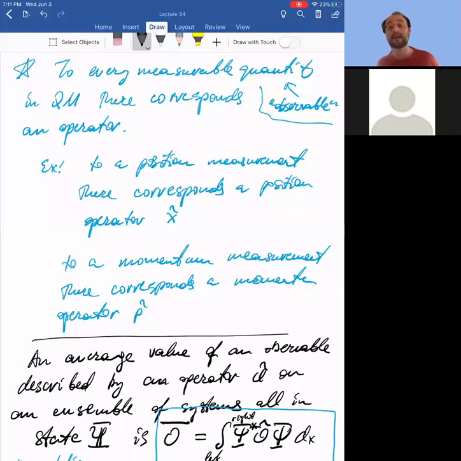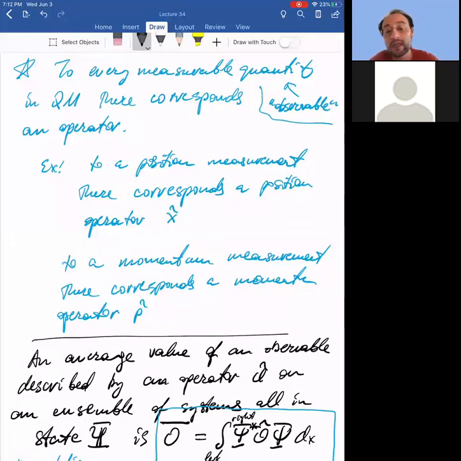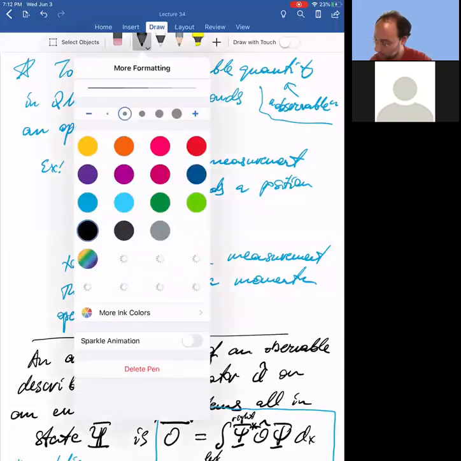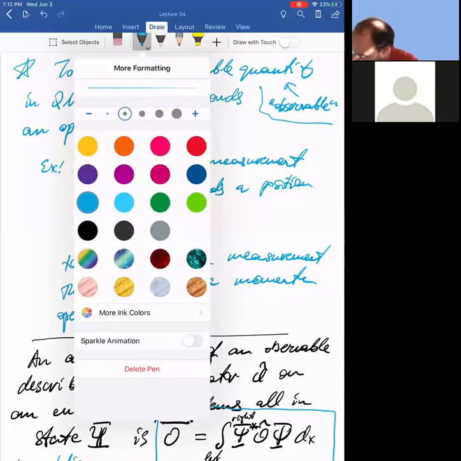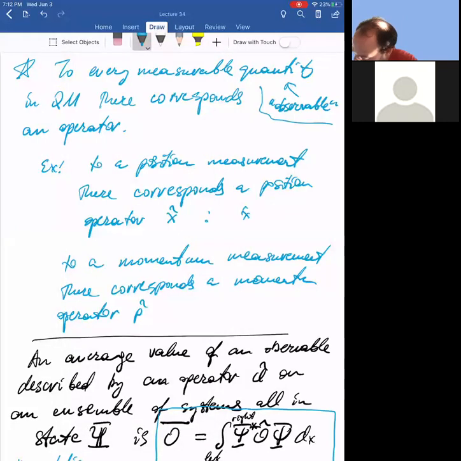For example, to a position measurement, there corresponds a position operator. What does it do? It multiplies the wave function by coordinate x. So when x attacks the wave function, it simply gives you x times the wave function, because the wave function itself is a function of x.